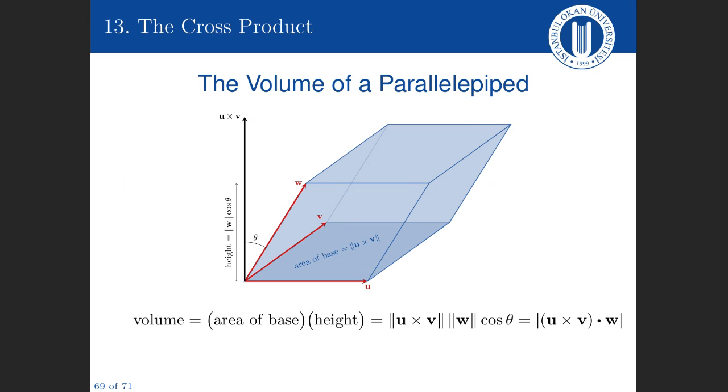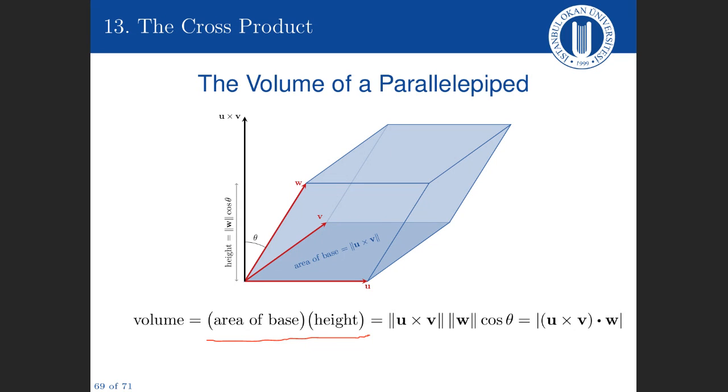A three-dimensional object like this is called a parallelepiped. Suppose we have a parallelepiped where the vectors u, v, and w lie along edges of the parallelepiped. Then we can calculate the volume of the parallelepiped. The volume is the area of the base multiplied by the height.